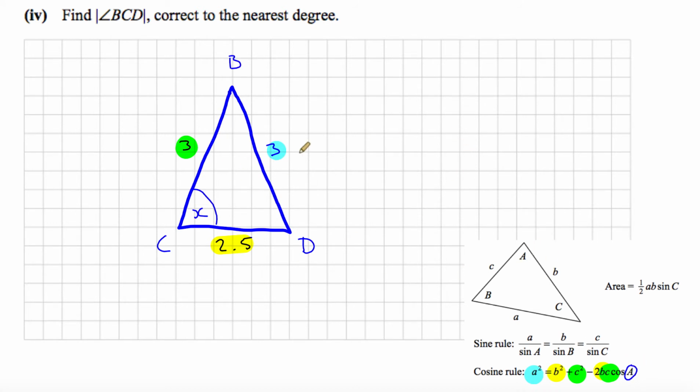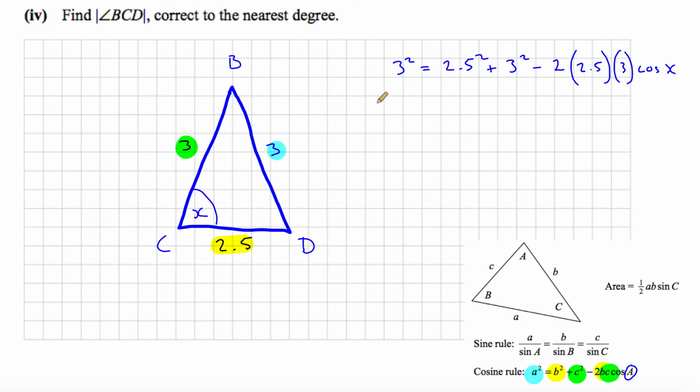So I'm going to set this up. I get 3 squared is equal to 2.5 squared plus 3 squared, minus 2 times 2.5 times 3 by the cos of X, which is what I'm looking for. Now I'm going to do some work on this.